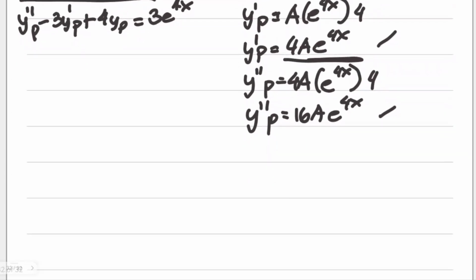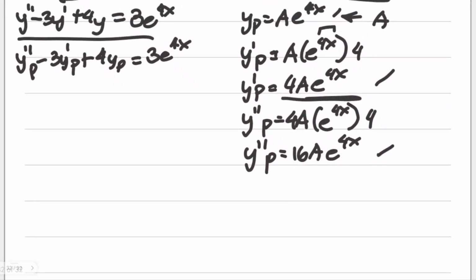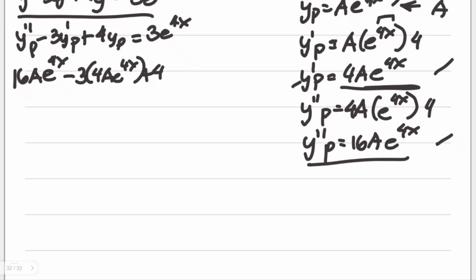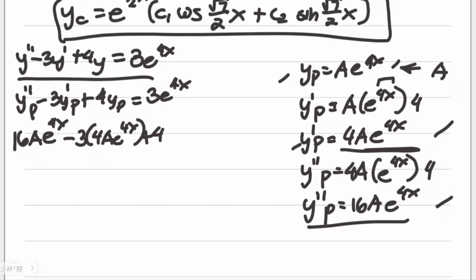So let's start here. We'll have 16a e to the power of 4x, minus 3 times the first order derivative, 4a e to the power of 4x, plus 4 times a e to the power of 4x. These are all equal to 3e to the power of 4x.